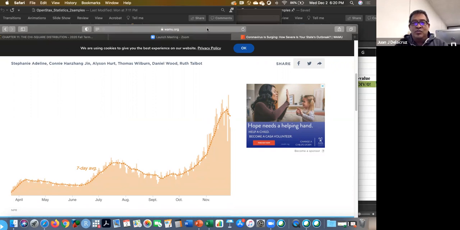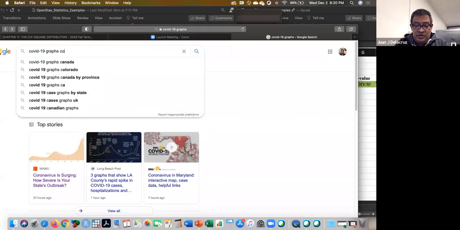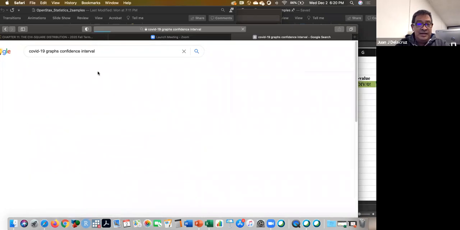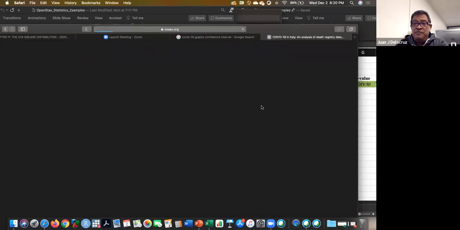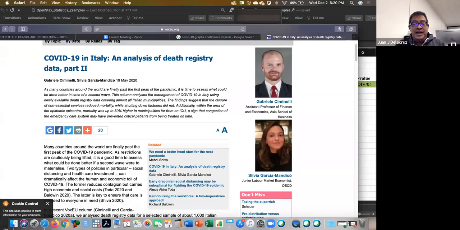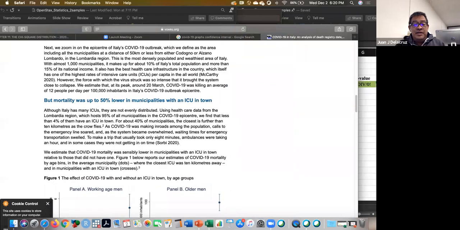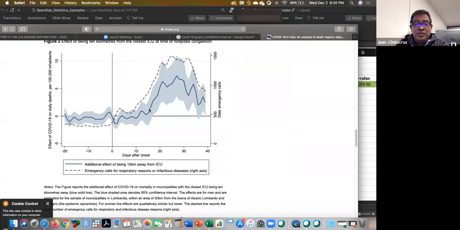I was trying to find some confidence intervals, and this is an example of a confidence interval. We have the COVID analysis, and we have the observed data, but also we have data where, for example, this is the real data, and this is the confidence interval.